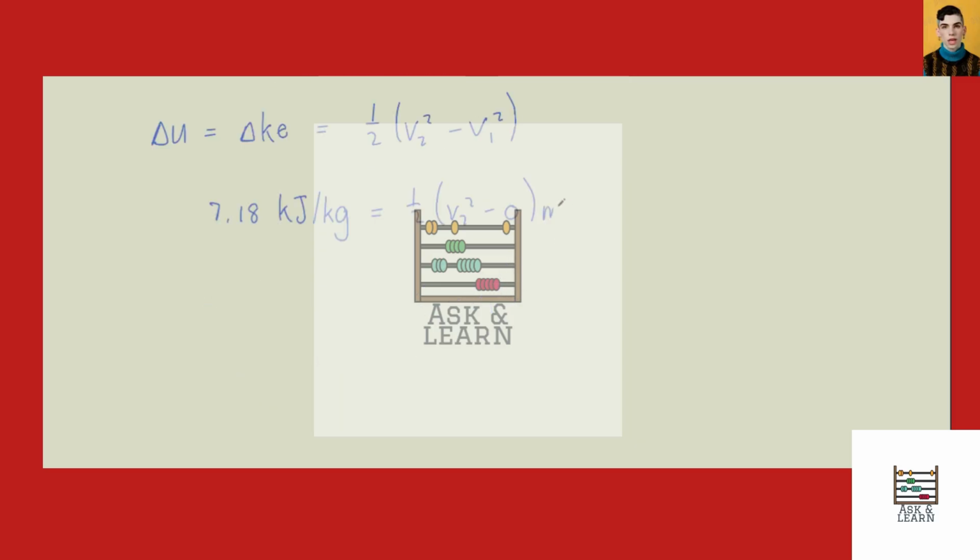And that's meter squared per second squared. And since we have SI units, our final answer for V2 will be in SI units. And if we rearrange and solve, we get that V2 is 120 meters per second.